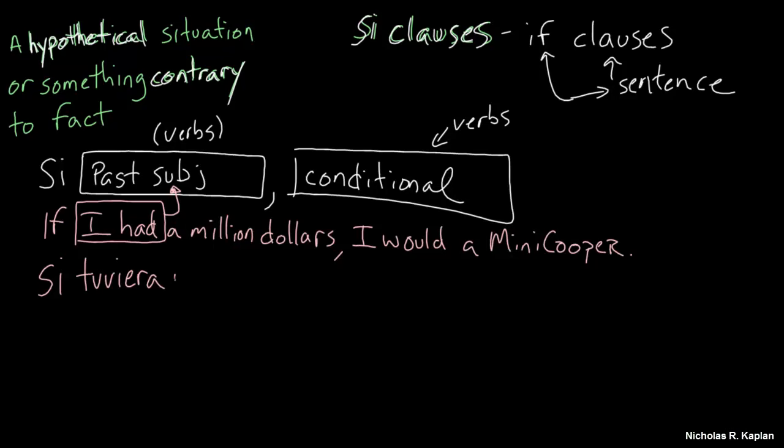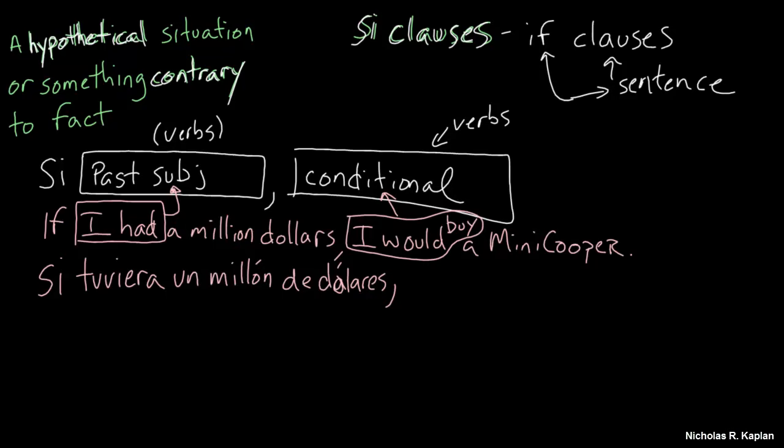Si tuviera $1 millón de dólares, comma, and then we have I would buy, that we need to put into the conditional. So compraría un Mini Cooper.